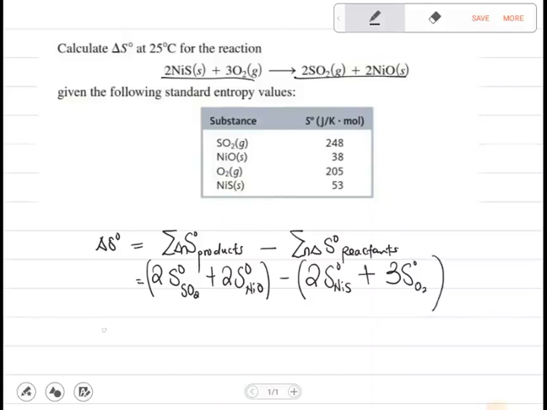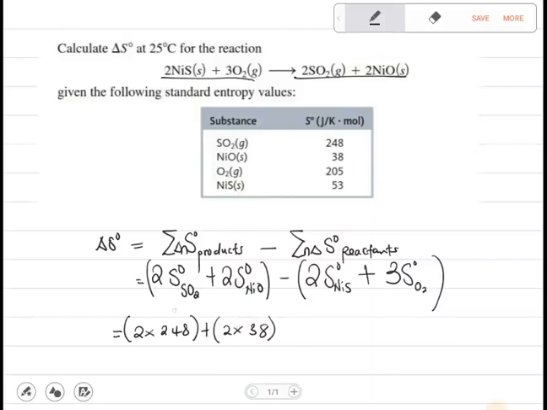All we need to do is plug in the values. We have 2 moles times the entropy for sulfur dioxide, which has been given to be 248, plus 2 times the entropy for nickel oxide, which is 38. I'm leaving out the units. You can plug them in later if you want; there's no problem with that.